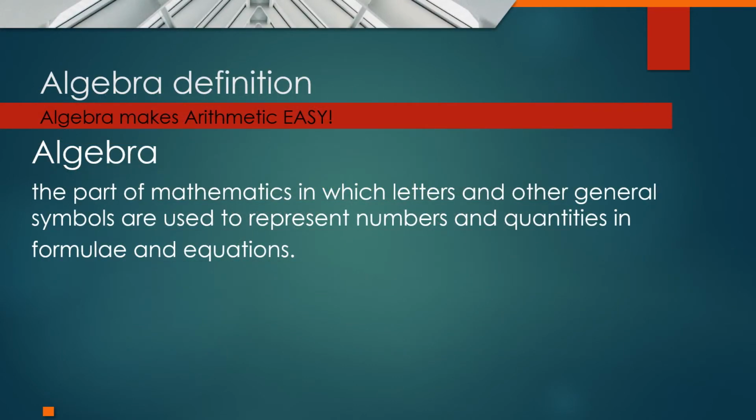So then, this enables us to get a more formal definition for algebra. Algebra, the part of mathematics in which letters and other general symbols are used to represent numbers and quantities in formulae and equations. You can go right ahead and take this down because it is very valuable for the rest of the lesson.